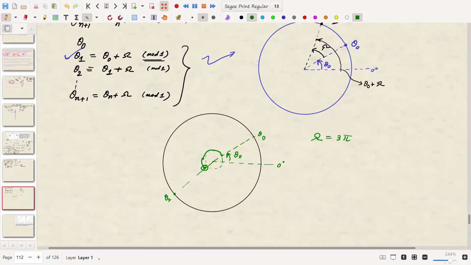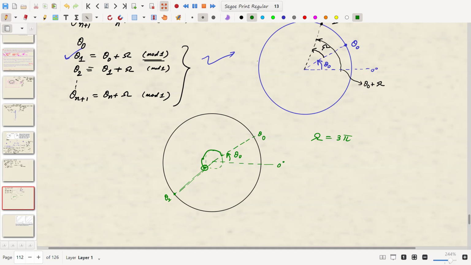What do you think? I'm just giving you an intuition of how the points are moving on the circle.